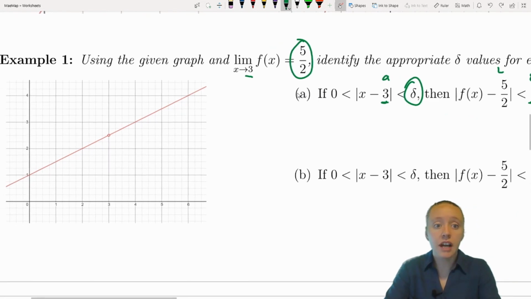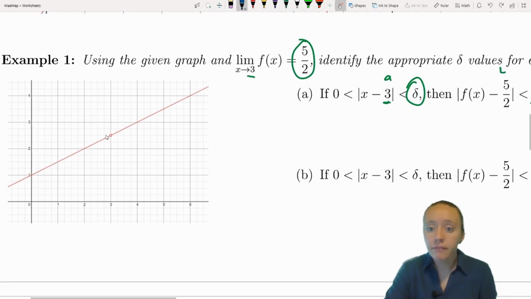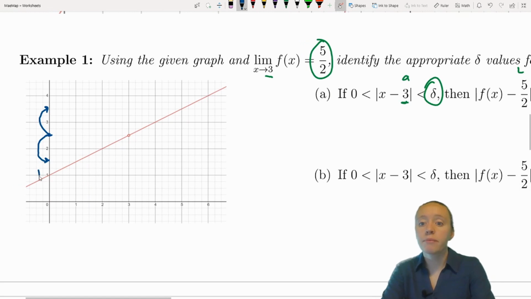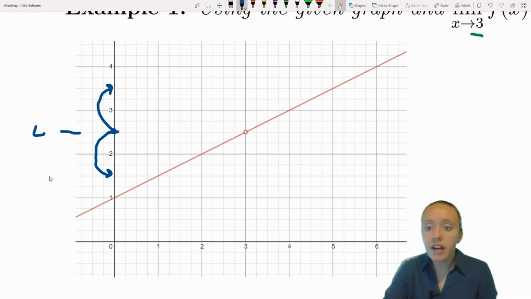We've got to find what delta value makes this true. So let's go over to our graph. Our epsilon is 1. So if we're at 5/2 for L, moving up 1 will bring us to 3.5. Moving down 1 would bring us to 1.5. And this might be easier if I zoom in. So you can see this is our L value. This is L minus some epsilon, and then up here was L plus some epsilon.